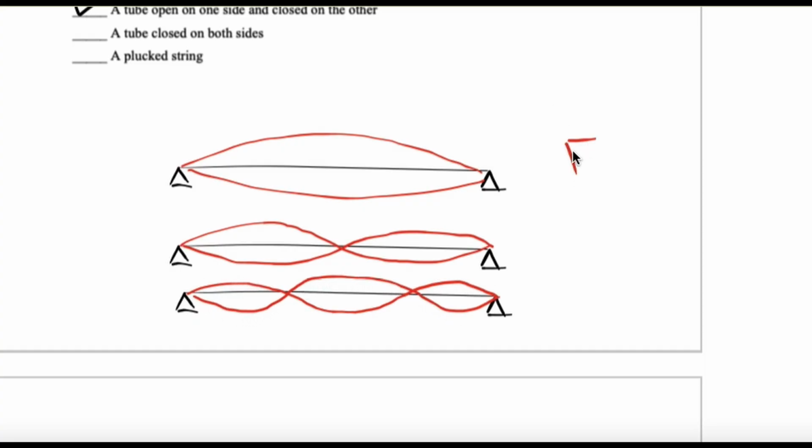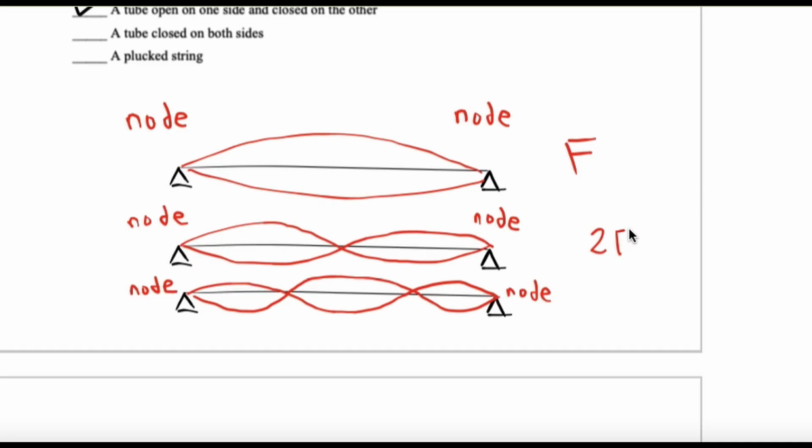So if you have a frequency of F, where there's a node at the bridge and the other bridge, you just have to make sure that you always have a node at the bridge, and that's the only condition that has to be met. So we would get frequencies of F, 2F, and 3F, and so on.